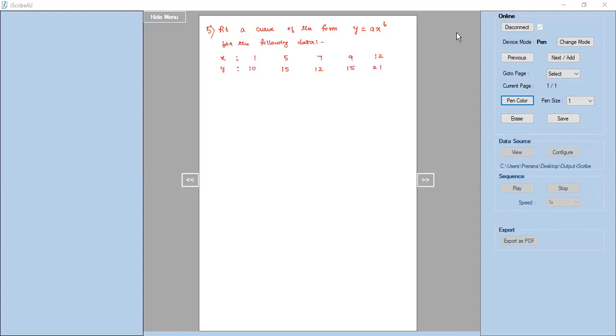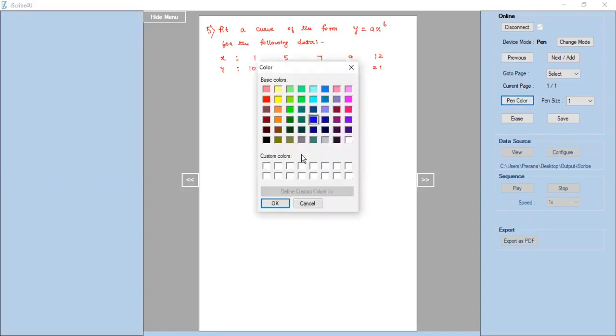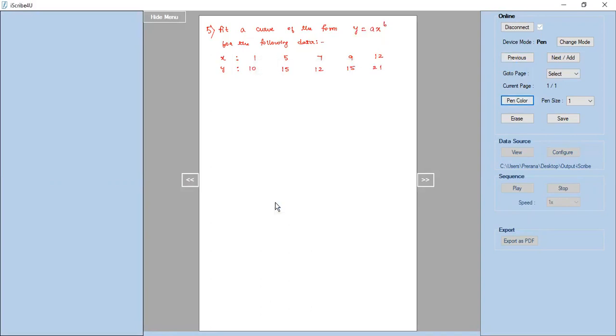So we will recall how to do problems on the y is equal to ax power b form. We firstly take log on both sides, that is natural logarithm on both sides. Taking natural logarithm and applying the logarithmic properties, we will be able to reduce to a straight line equation. Once we have reduced to a straight line equation, we can automatically form the normal equations for the same, and an appropriate table can be prepared.